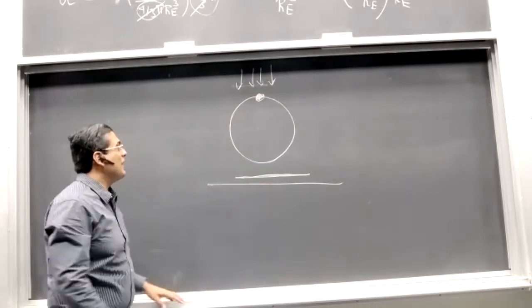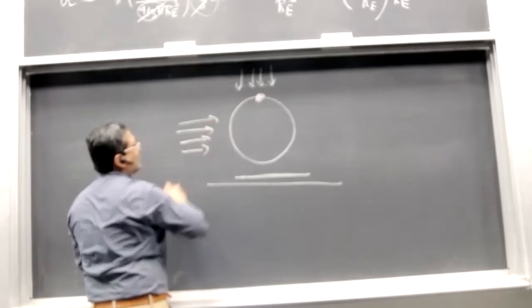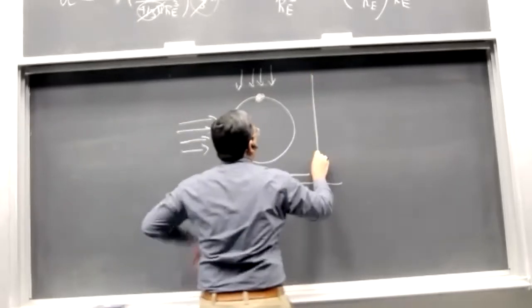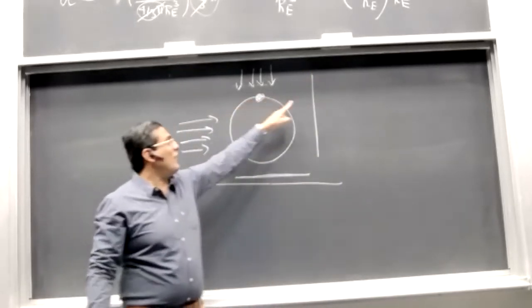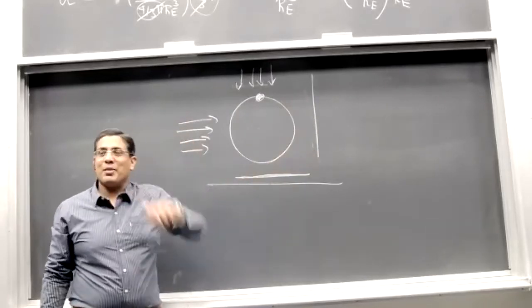Similarly, if you shine light here, the shadow of this object on this screen would make a simple harmonic motion.